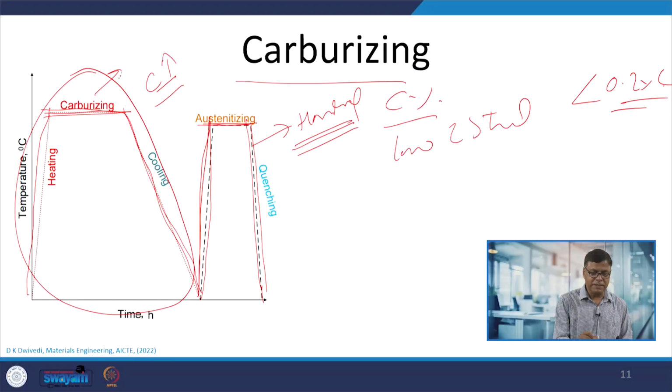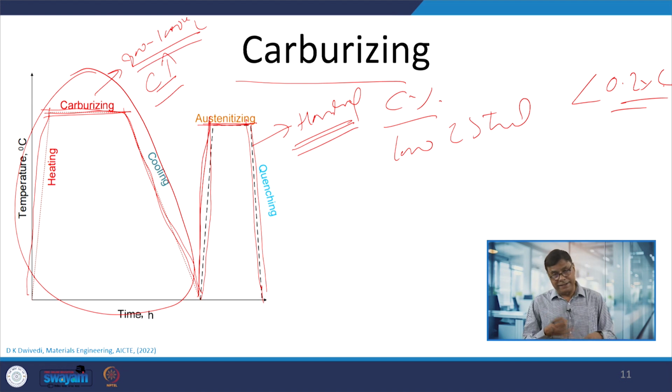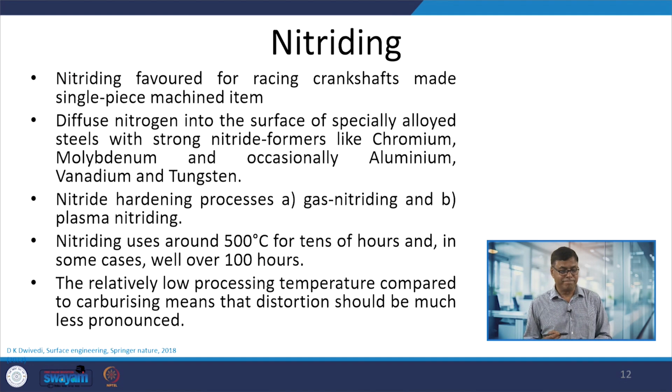If anything goes wrong here, then the desired set of properties will not be achieved. Carburizing is usually done in the high temperature range of, say, 800 to 1000 degrees centigrade. This high temperature is another problem because it will modify the substrate properties.